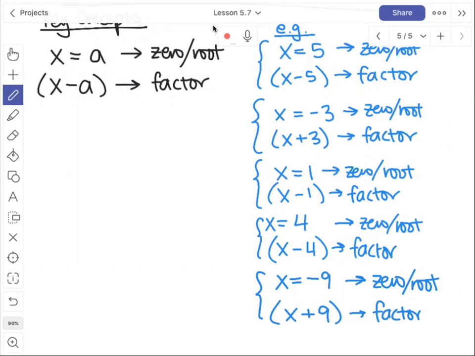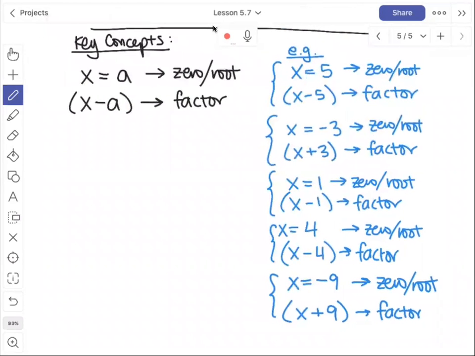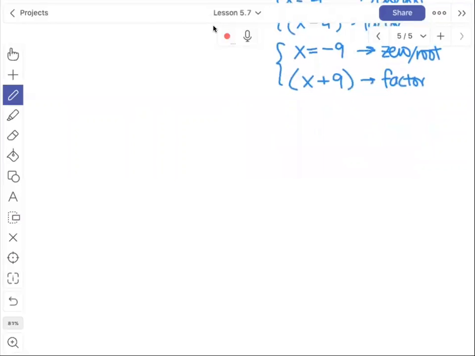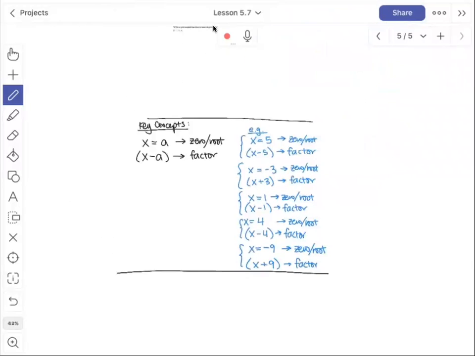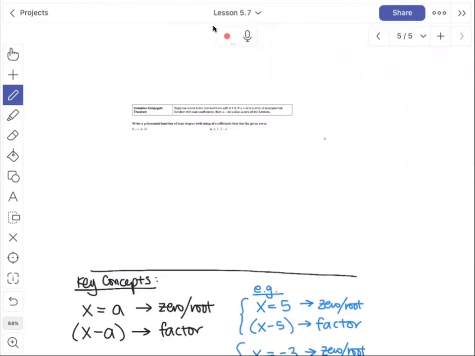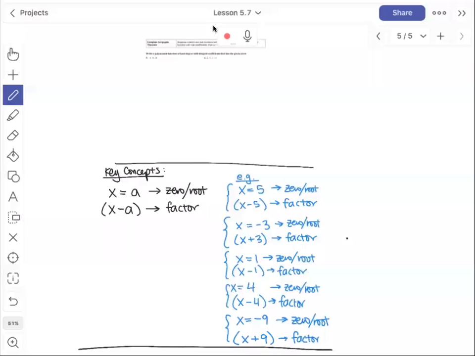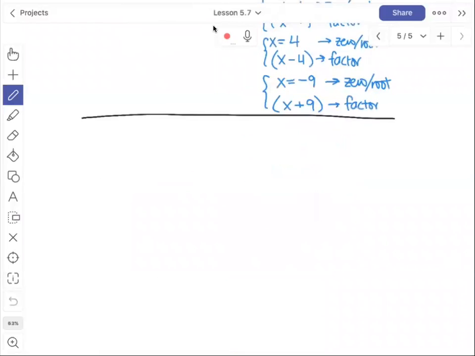Okay, so hopefully you guys are understanding that. That is one of the main concepts that we're going to be using today. Another concept we're going to be talking about is called the conjugate. I think I have it up here at the very top of the notes. Yep, the complex conjugate theorem is its official name. But let me show examples down here for a little more room.